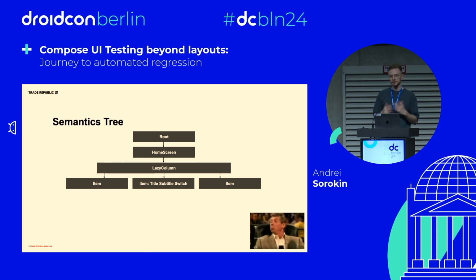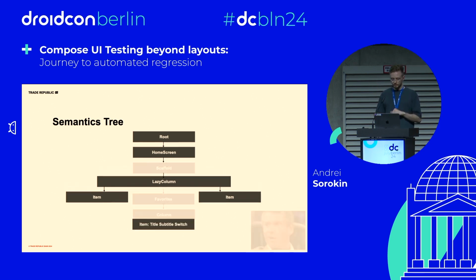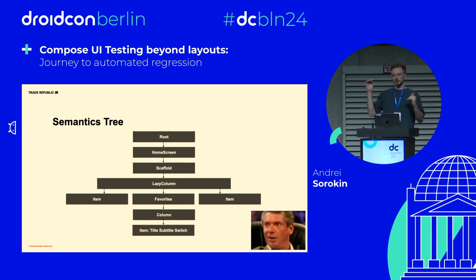If you take a look at the semantic tree for the screen itself, it might look something like this. But because it's composed, you want to wrap your components with some different kind of components, so it's more composed, if I may, right?